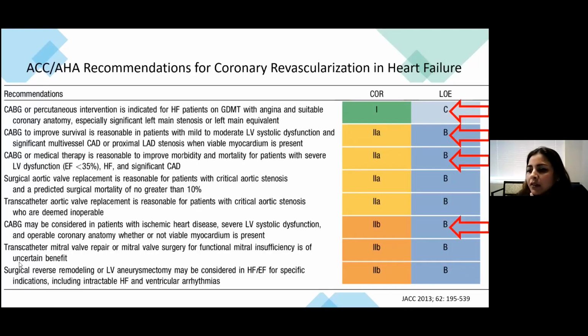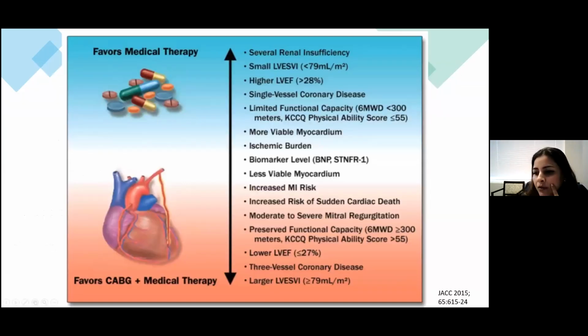So in general, when we think about who to take to CABG versus medical therapy alone, I think this is a useful slide to keep in mind, right? If the patients have severe comorbid conditions, severe underlying kidney disease, severe underlying lung disease, or their LVEF is a little bit better, these are the patients who would probably do better with medical therapy.